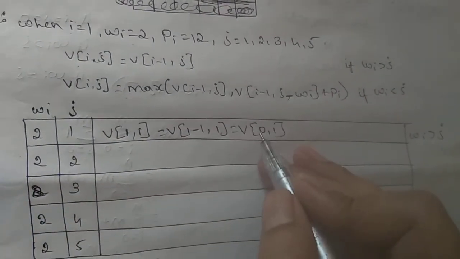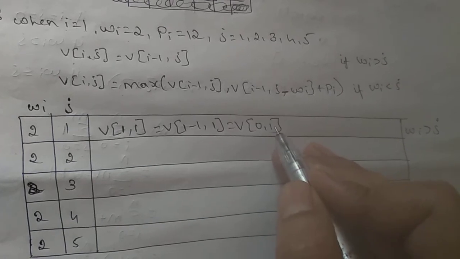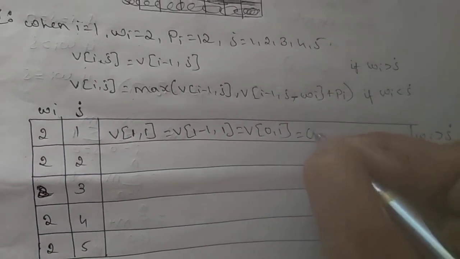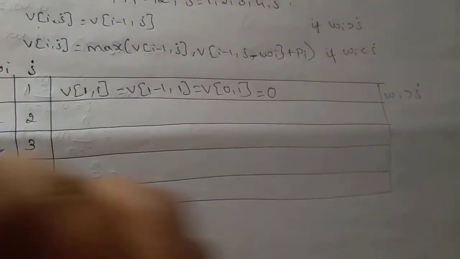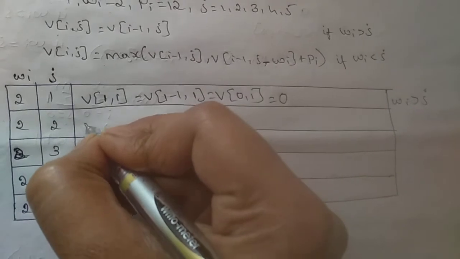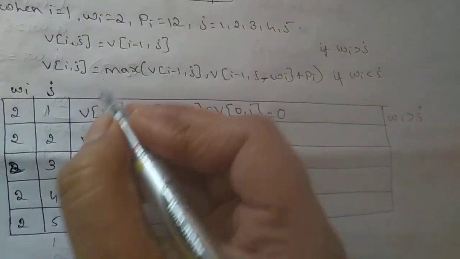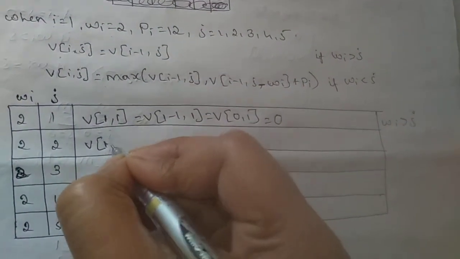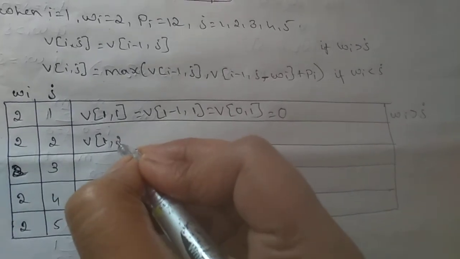If either i or j is 0, then the value is 0. Directly I will write it as 0. Next, Vij: i is 1 itself, this value will not change. The j value is 2.